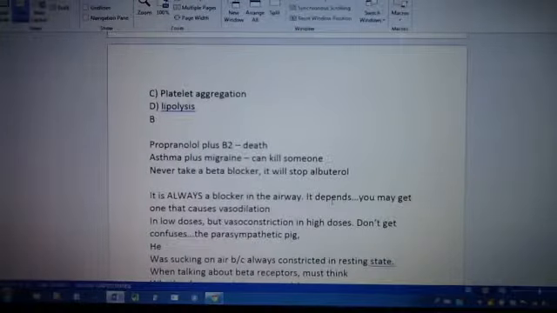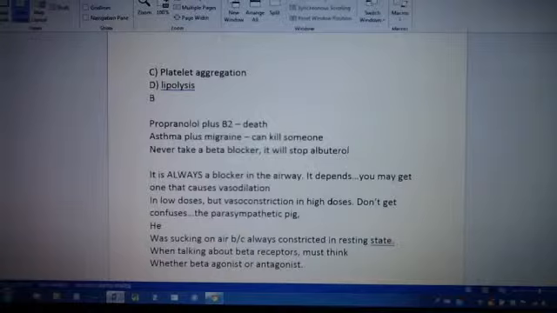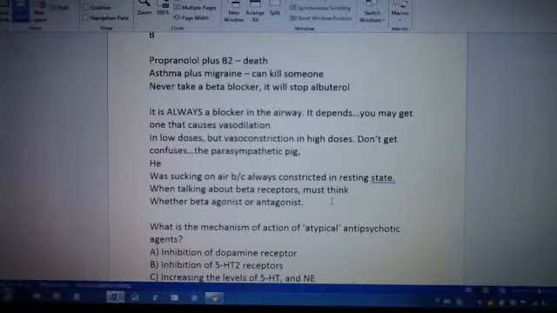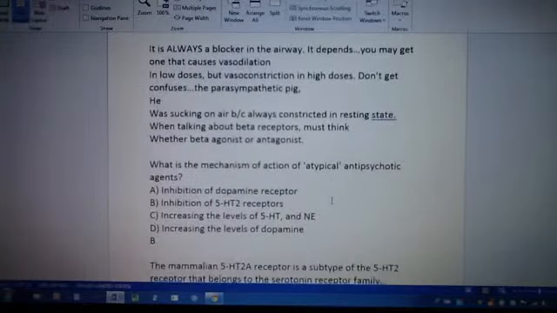It will stop albuterol, for example, if someone has asthma. It is always a blocker in the airway. It depends. You may get one that causes vasodilation in low doses, but vasoconstriction in high doses. It's kind of complicated. But anyway, don't get confused. Think about the parasympathetic pig. He was sucking on air because he's always constricted in the resting state. So when talking about beta receptors, you must think about whether it is a beta agonist or an antagonist.